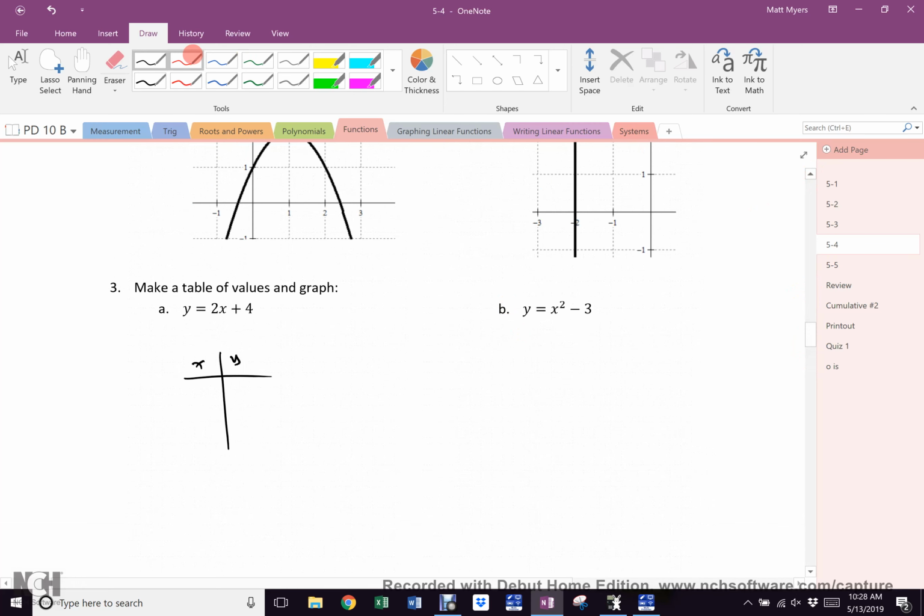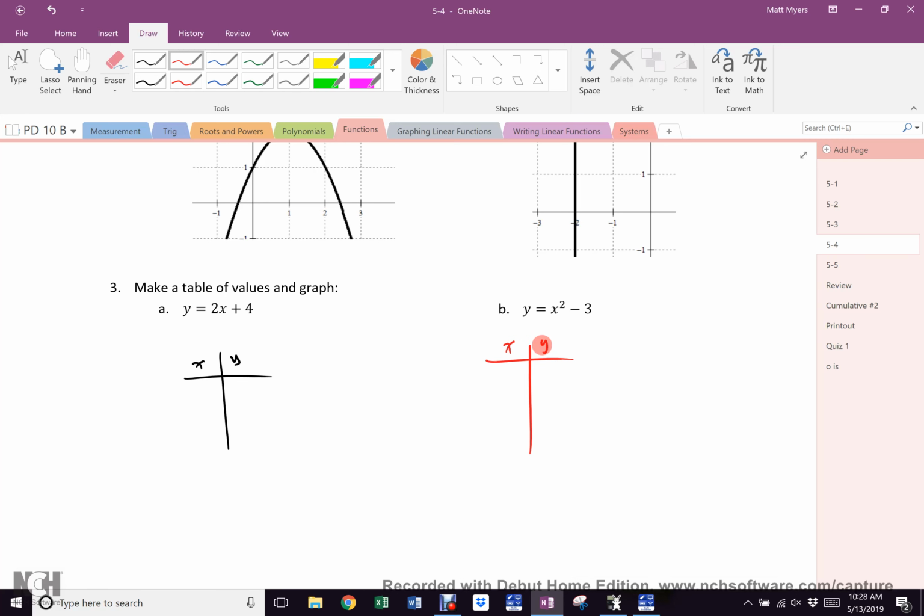What about this one? X, Y, linear or not? No, how do you know? Exponent. The last time we had an exponent, how many X's did I choose? 5, right? So how many X's do you need to choose? 5.